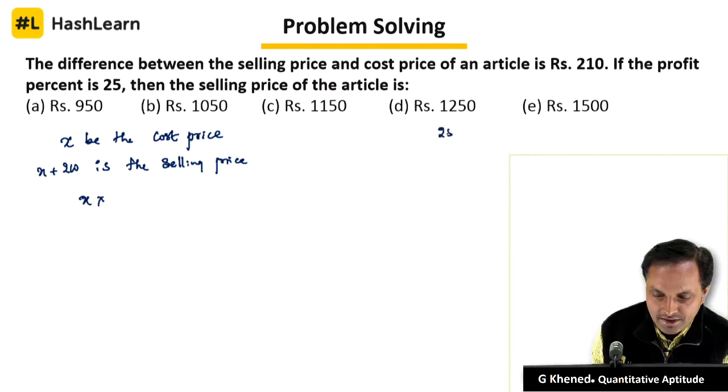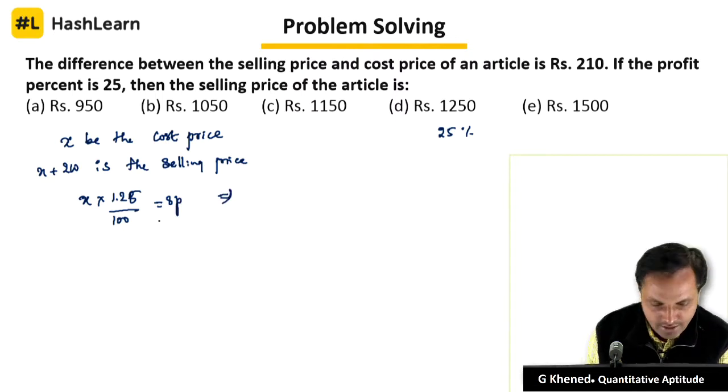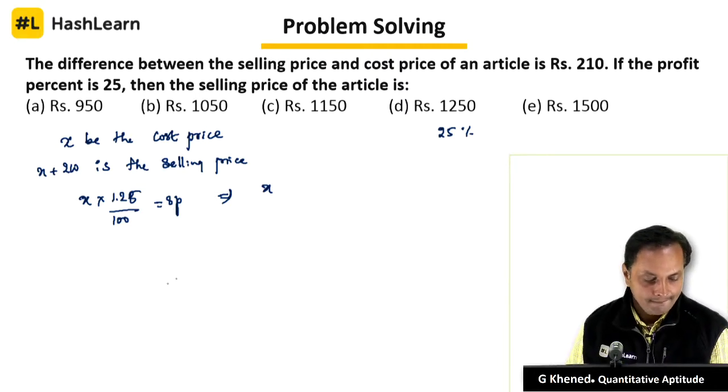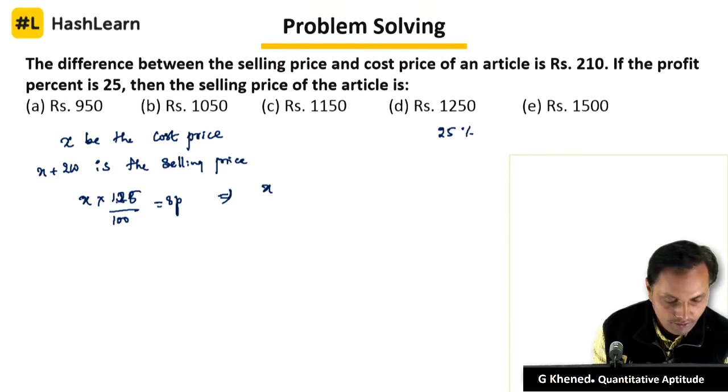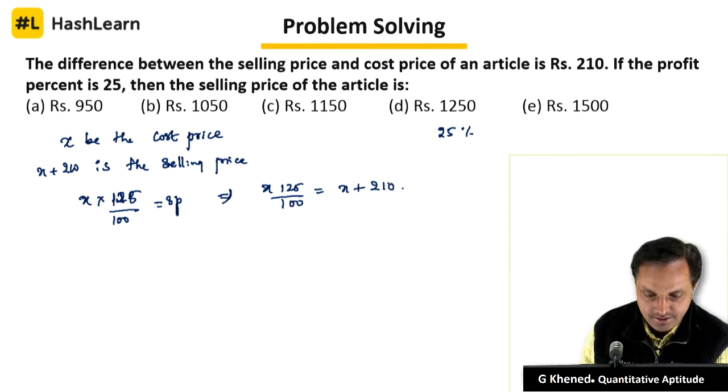See, 25%, I will write it as 1.25, that is 125 by 100 into X, and it is equal to the selling price, which will be X plus 210 rupees.